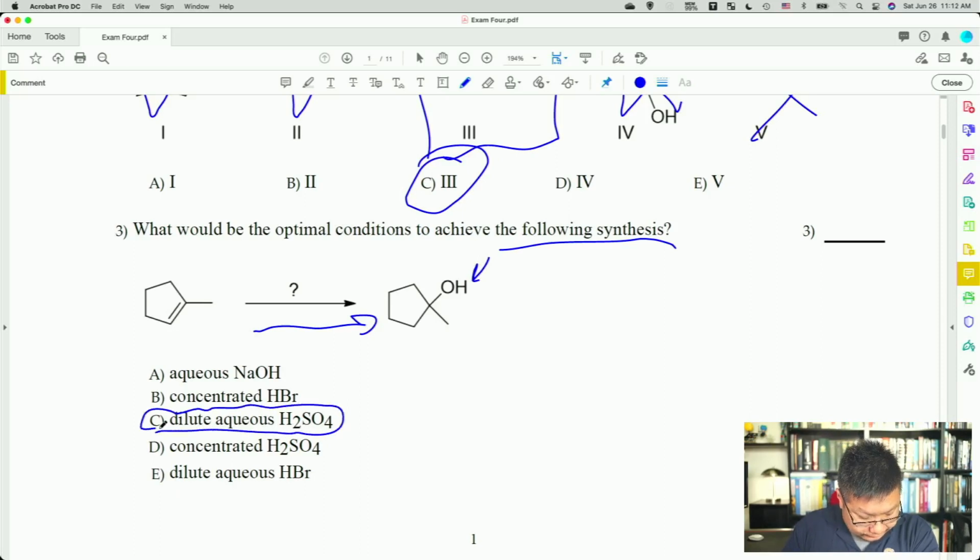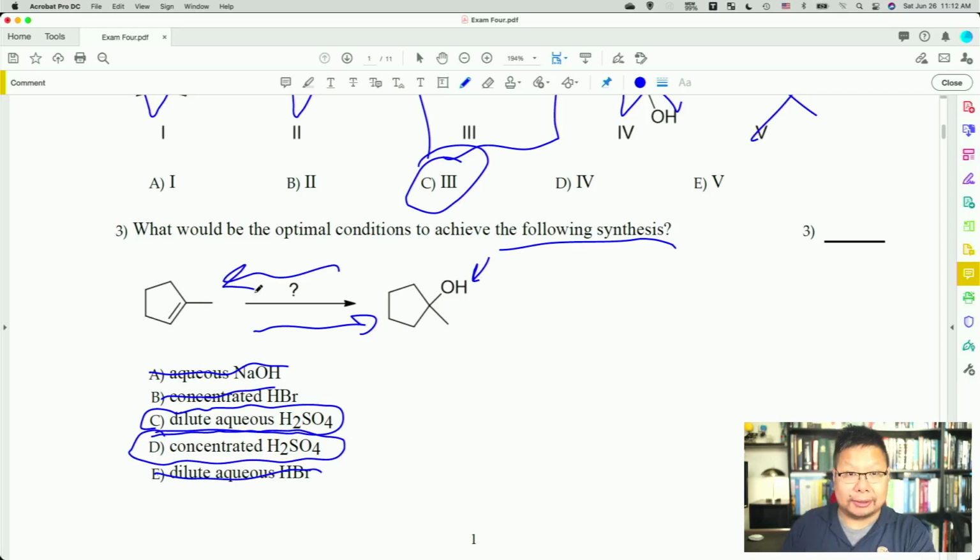So the answer there is C. None of these other ones would have been right. If you were to use concentrated sulfuric acid, it would have reversed the reaction and dehydrated it. So the answer here is C. That's another acid catalyzed hydration.